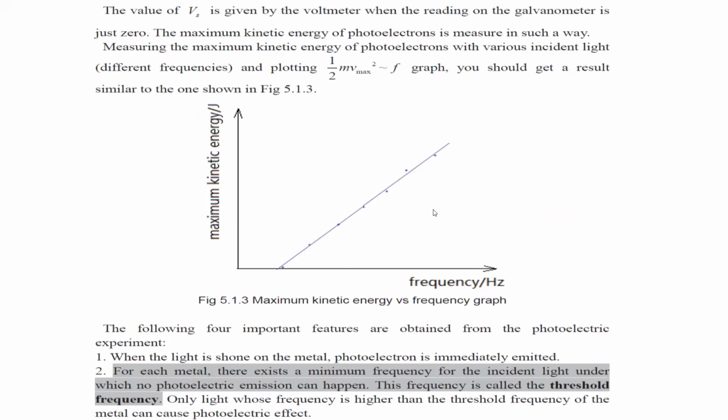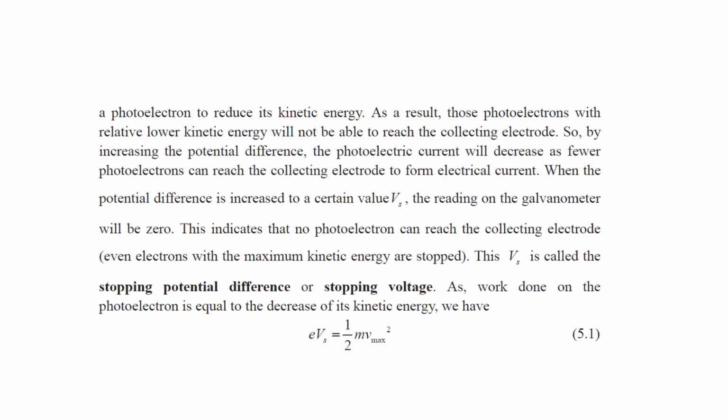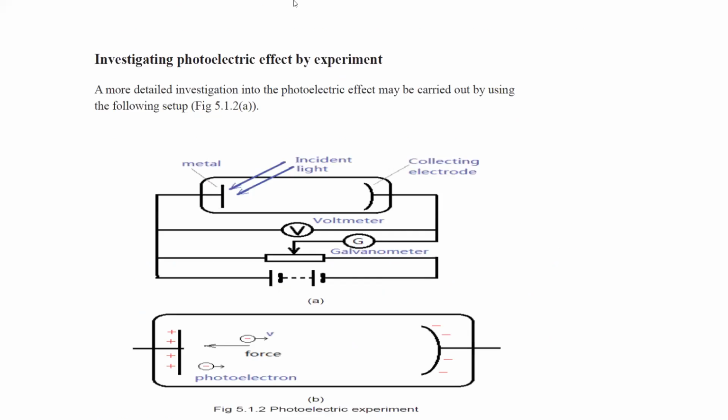Now, how to get the energy of the particles or energy of the incident light? So we have the formula E is equal to hf. To calculate the energy of the wave, we have the formula E is equal to hf, or E is equal to hc over lambda.